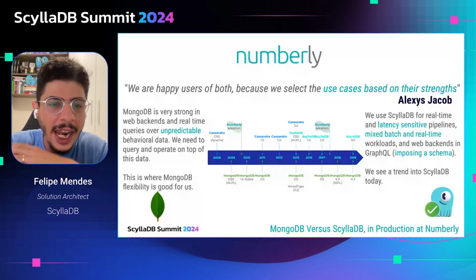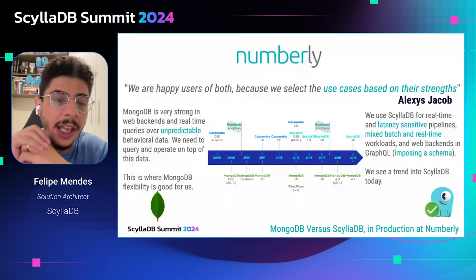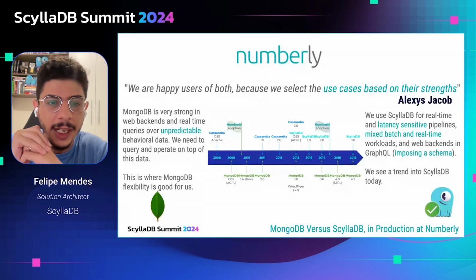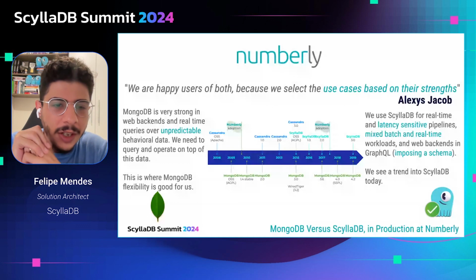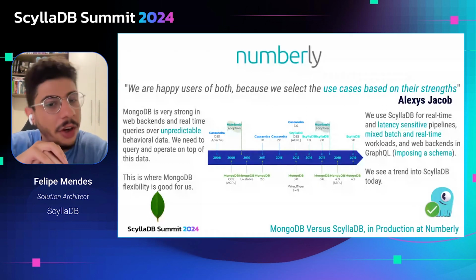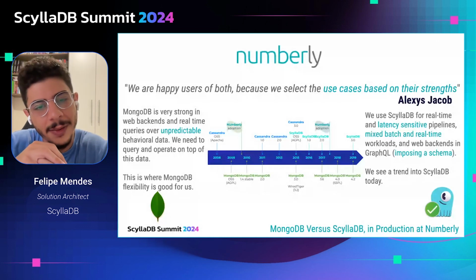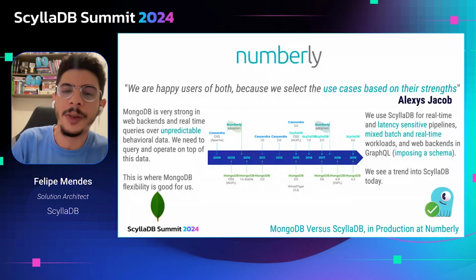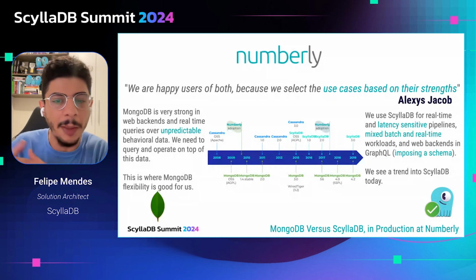So Alexis Jacob delighted us with a very detailed talk back in 2019 and explained that they are actually happy users of both databases. Numberly primarily selects the database for a particular use case based on each database's strengths. Alexis explained, for example, that they stick with MongoDB for the unpredictable data they receive from their users.